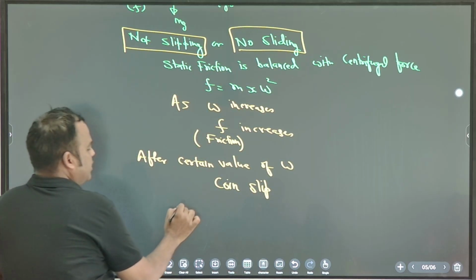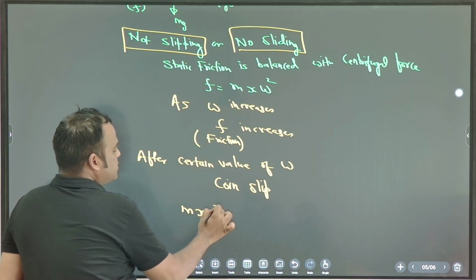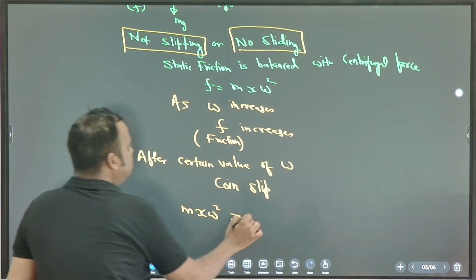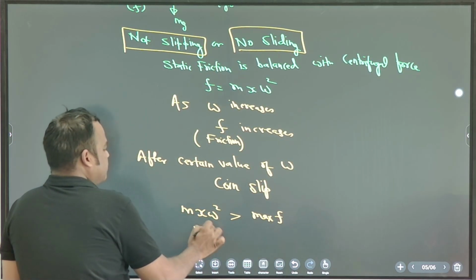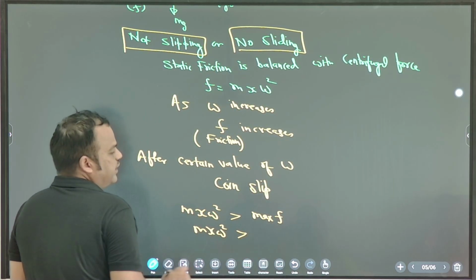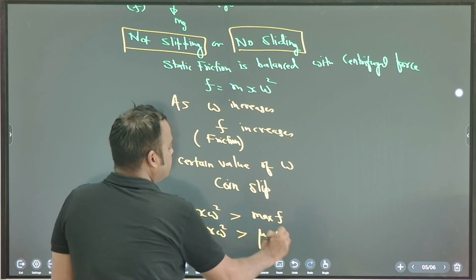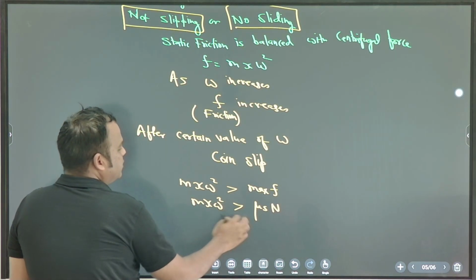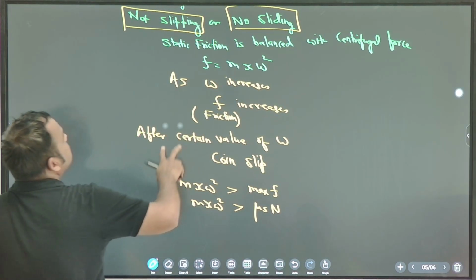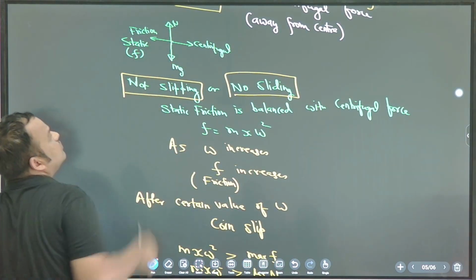Correct. Good. Because m x omega square is greater than the maximum value of friction force. So m x omega square is greater than mu s N. And what is the N value? N is mg.